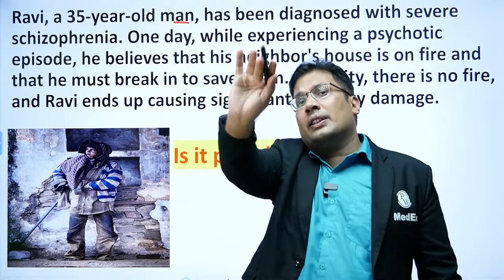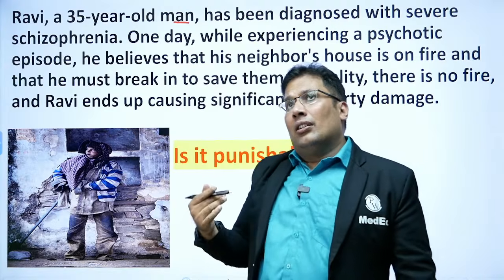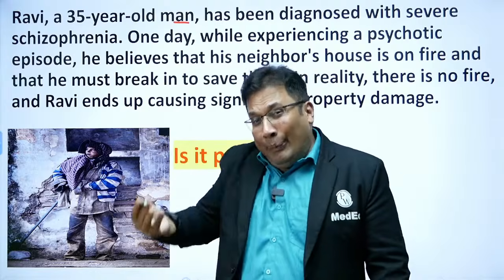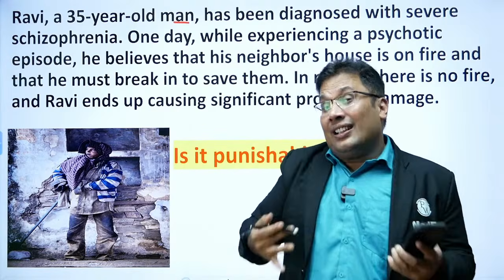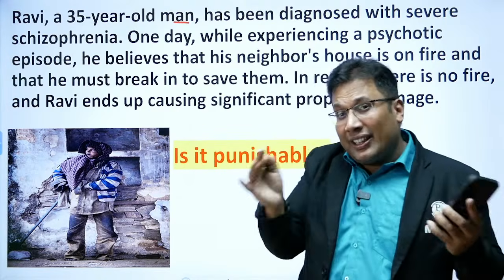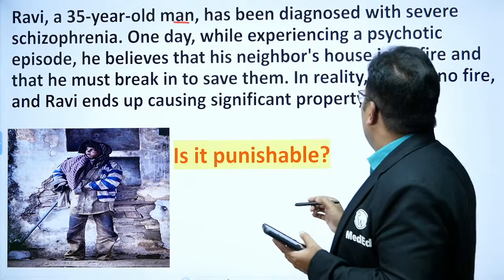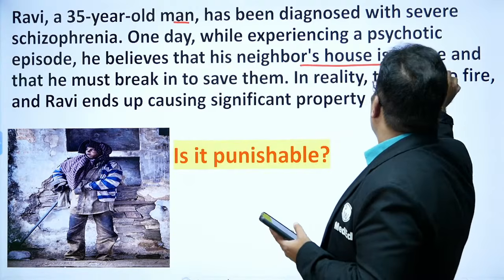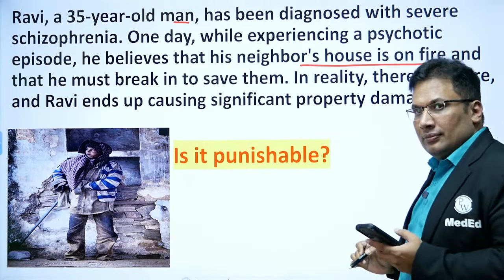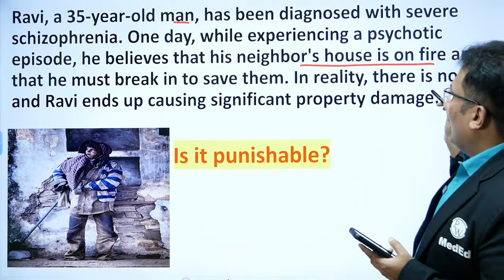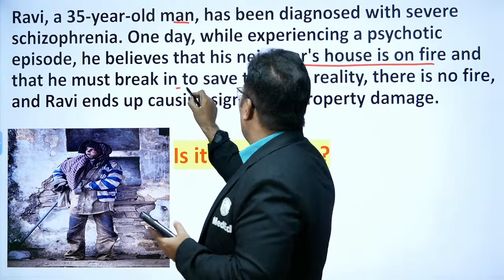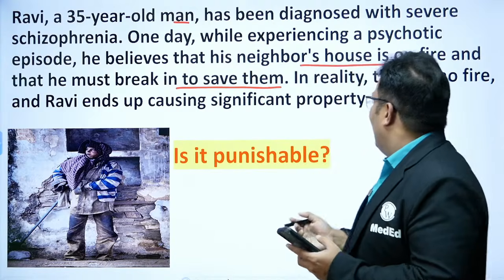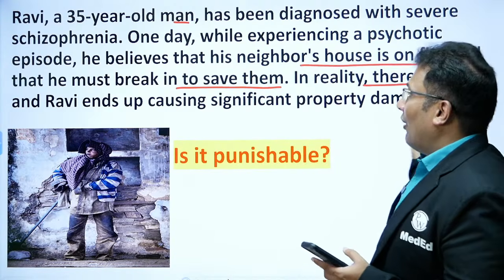He has delusion of persecution, third-person hallucination, disorganized speech, disorganized behavior, negative symptoms, positive symptoms, everything is there. One day, while experiencing a psychotic episode, he believes that his neighbor's house is on fire and he must break in to save them. So abnormal thought process. In reality, there is no fire.